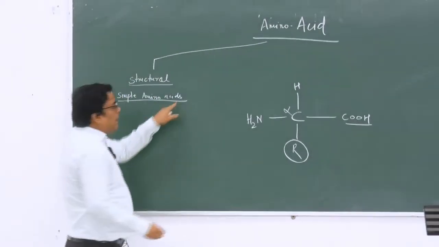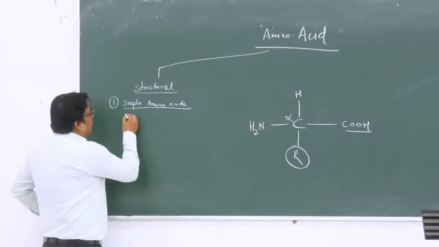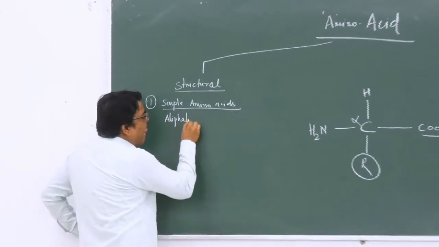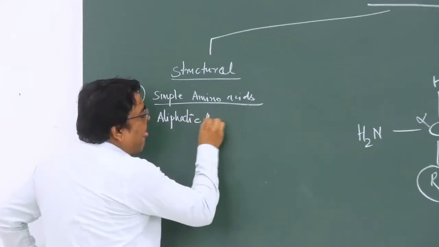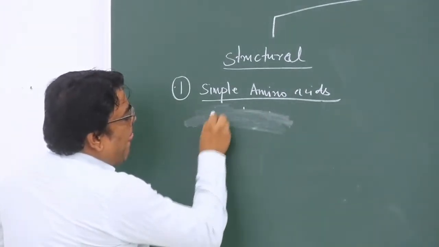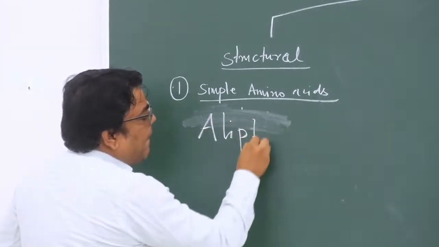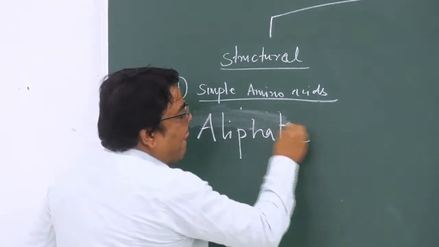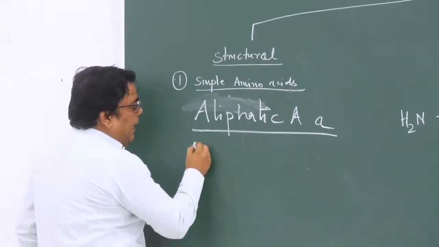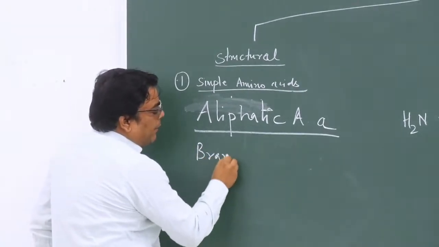Okay, the first one is simple amino acid, in which the first type is aliphatic amino acid, and the second one is branched amino acid.